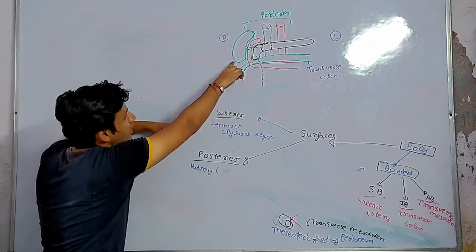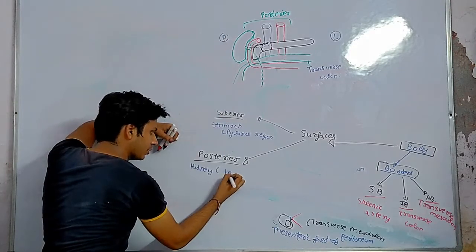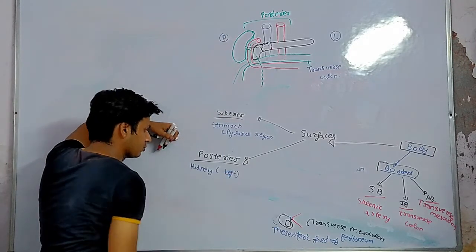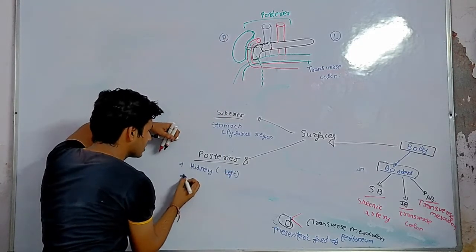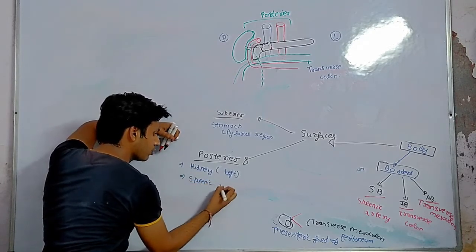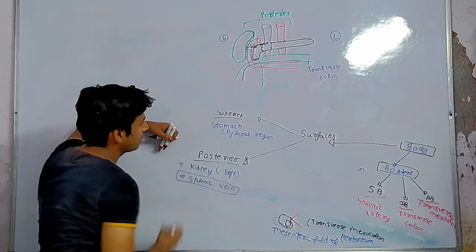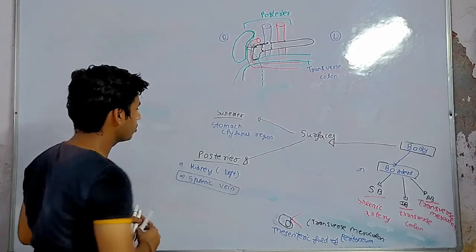This is the right kidney because this is behind the liver. This is the left kidney. Done. And one is the splenic vein. This is important. Splenic vein. Done. These are the two surfaces.